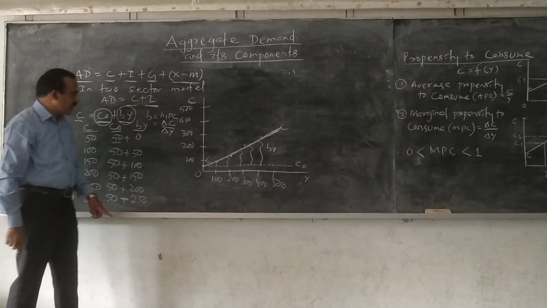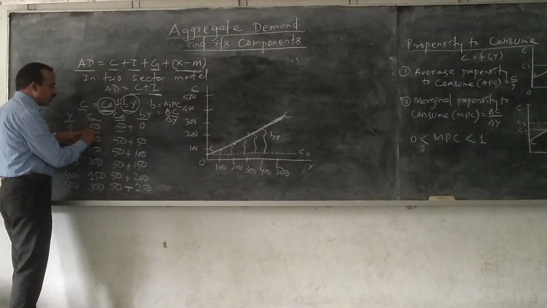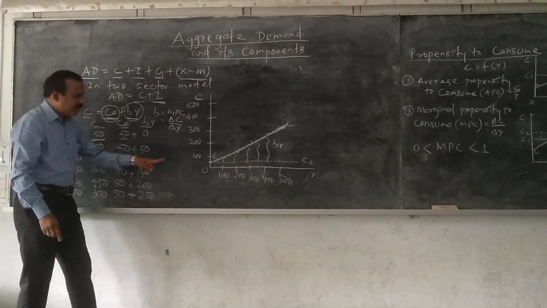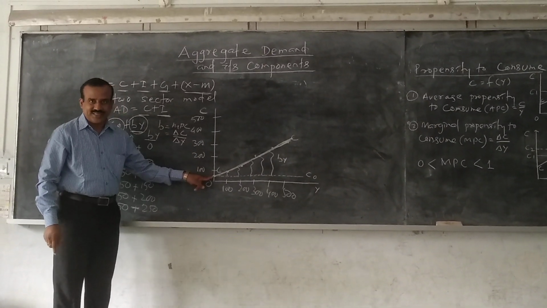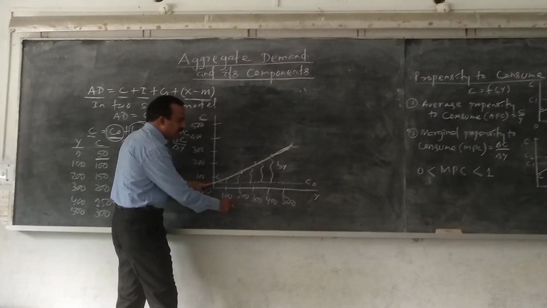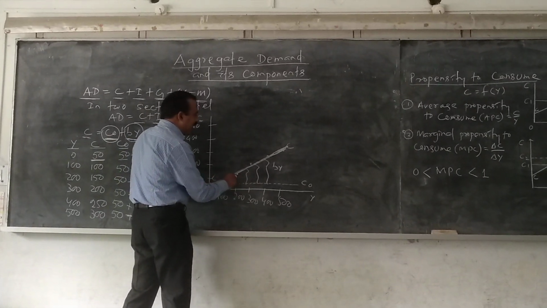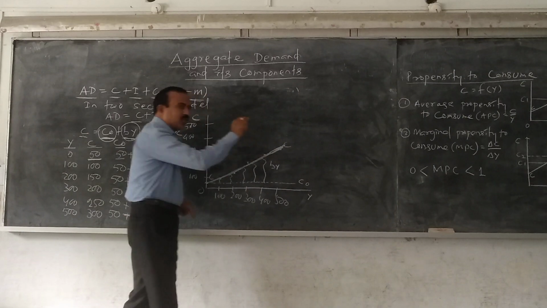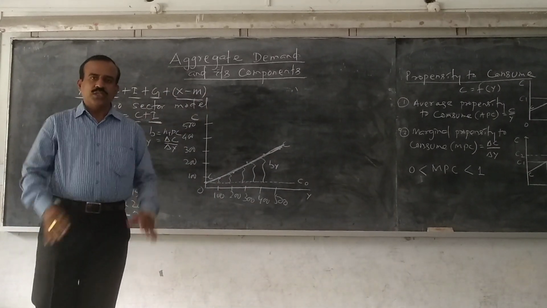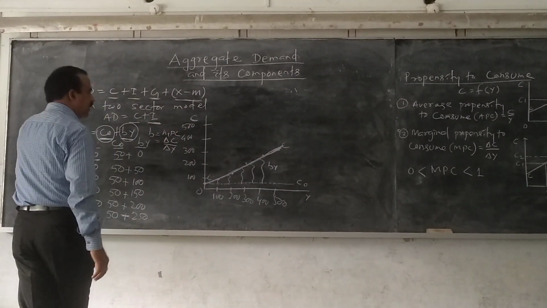At zero level of income, there is consumption. Consumption is 50. That's why the consumption curve always starts from the y-axis. And with increase in income, consumption is rising. So that's why the consumption curve is positively sloped. So this is all about consumption.